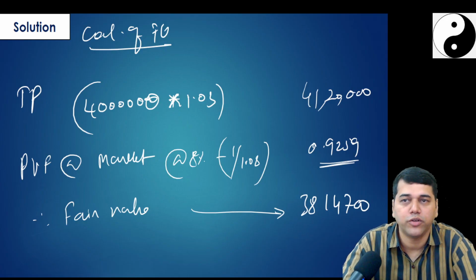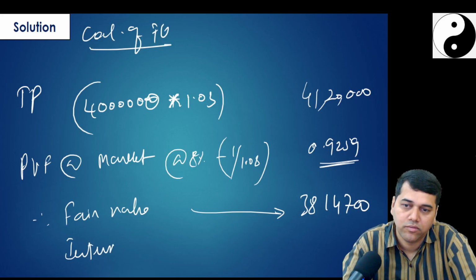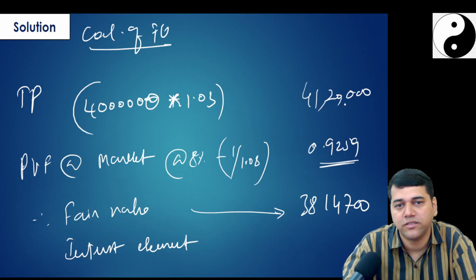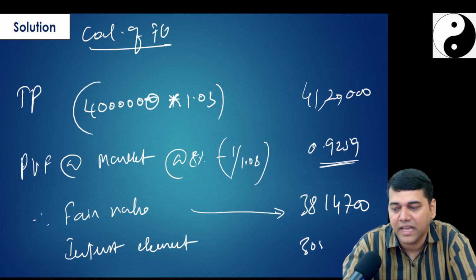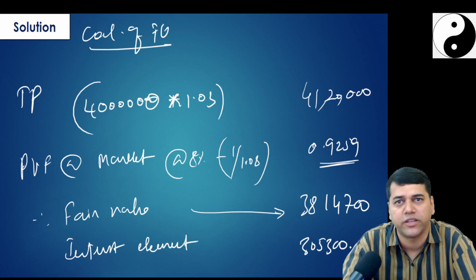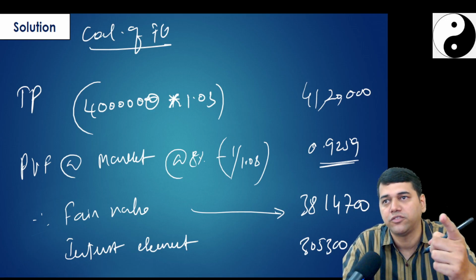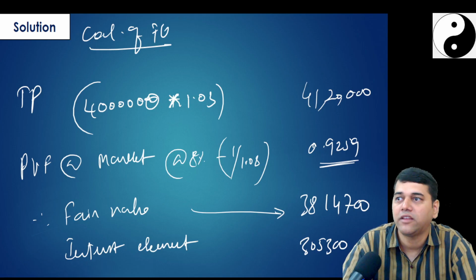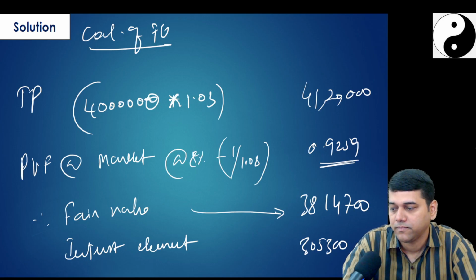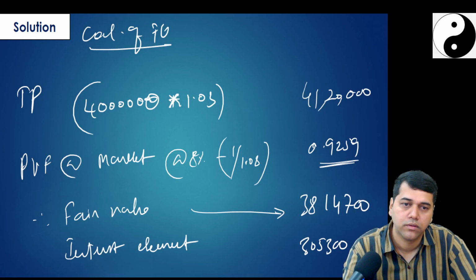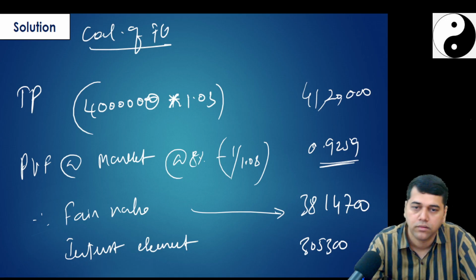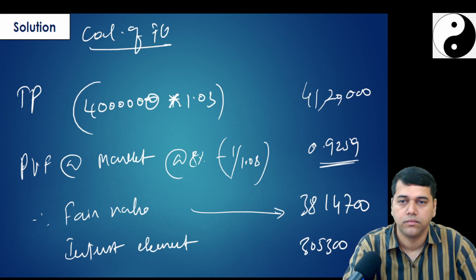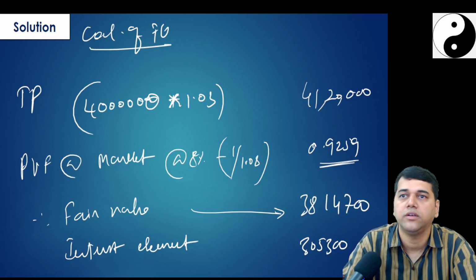So how much is the interest component, which you need to separate now? The difference between 41.2 and 38.1, which is 3 lakh 5,300. Alternatively, if you prepare an amortization schedule, you start with 38 lakhs 14,700 into 8%, which will give you the closing balance of the asset at the end of the year. Are you clear?